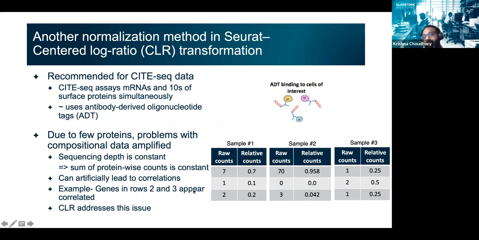And this constraint of all the numbers summing up to 1 for the total expression of proteins is not something that is generally accounted for in some of the downstream steps for analysis. So to make sure that there is no problem downstream, your normalization should not be using relative counts. That is not appropriate for this kind of data.